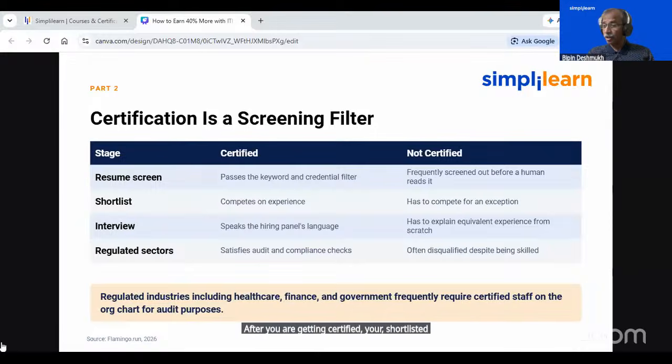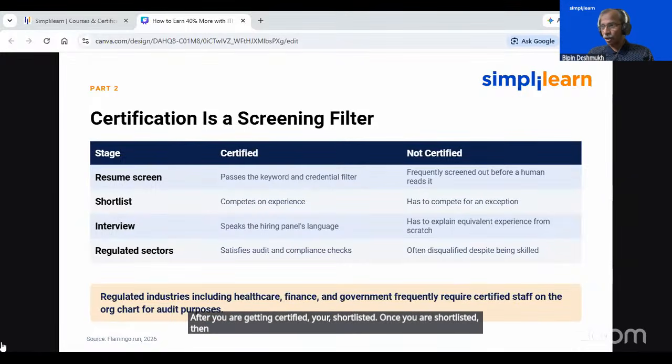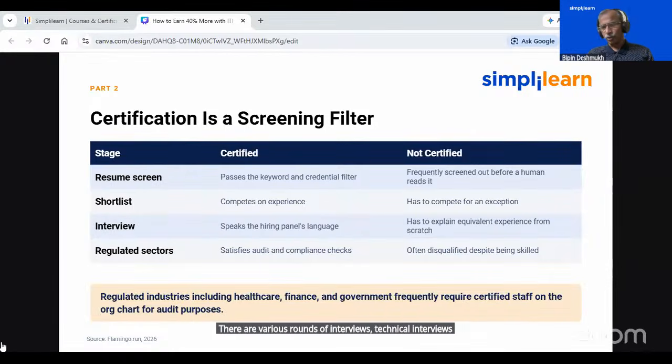Once you are shortlisted, the applicability of that knowledge is what is checked technically by the people who are hiring you, the interviewers. There are various rounds of interviews, technical interviews, HR rounds, and all that.